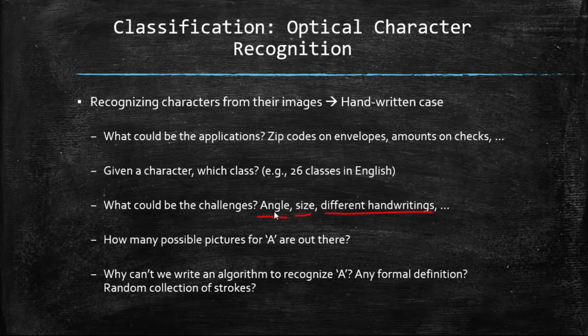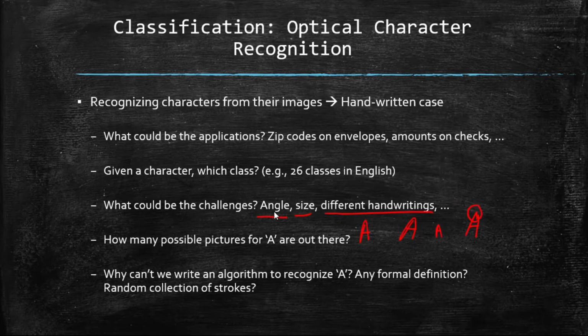Consider letter A, a picture of a handwritten letter A. Some can write an A like this, some can write it at an angle, some can write it very small. You see my point? Some can have very bad strokes, something like noise on the top, right?